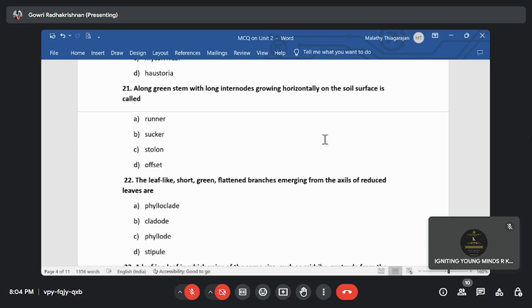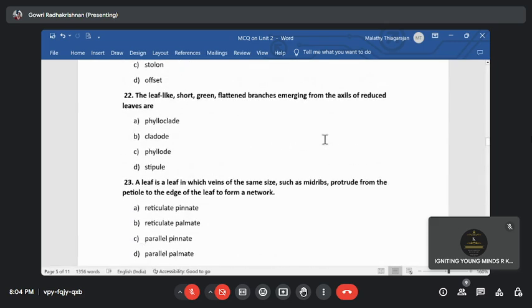All right, next, the leaf-like short green flattened branches emerging from the axils of reduced leaves are reticulate pinnate.